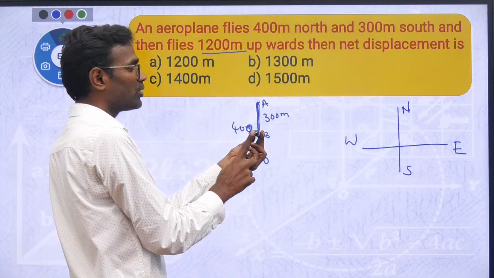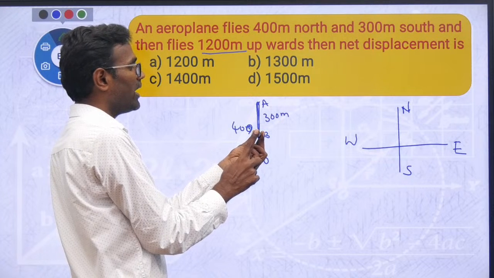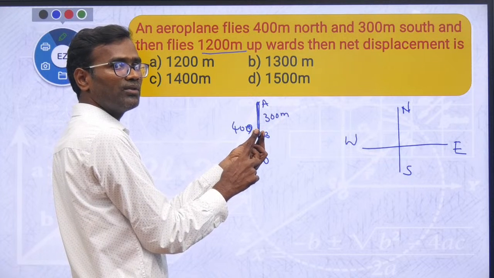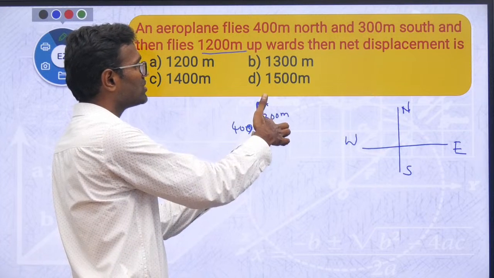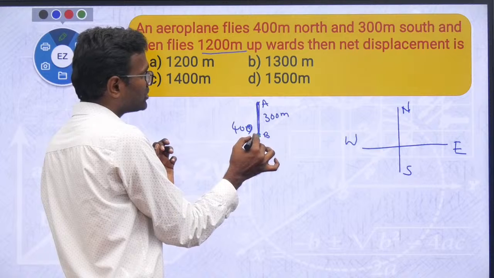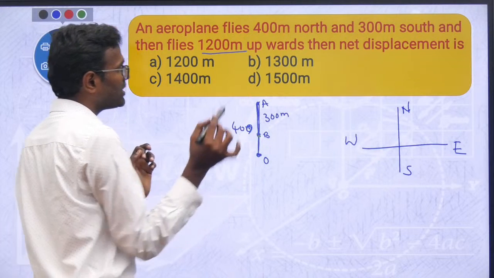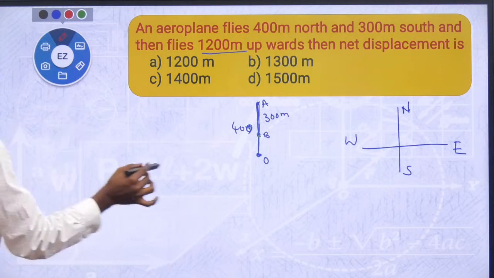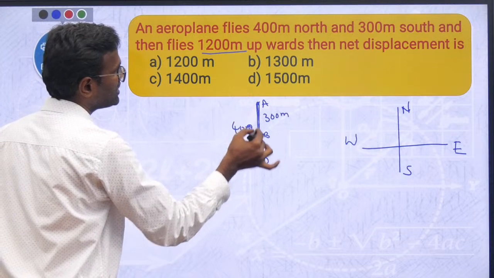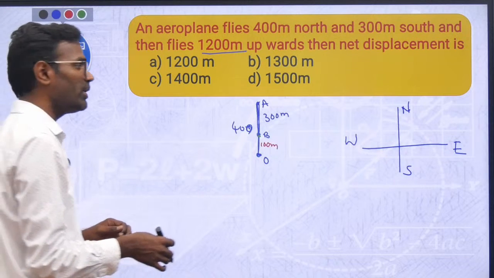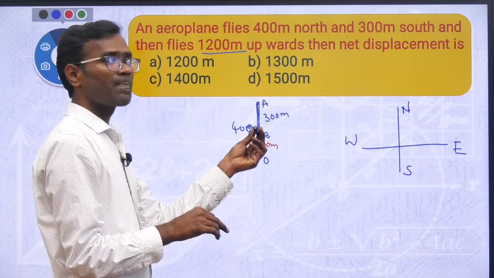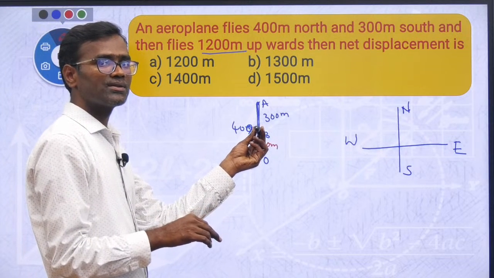For example, from the end of this pen to the nib of this pen will be 1200 meters. So please tell me children, this length is how much? This is total 400, this is 300, so this will be 100 meters, and this will be 1200 meters.